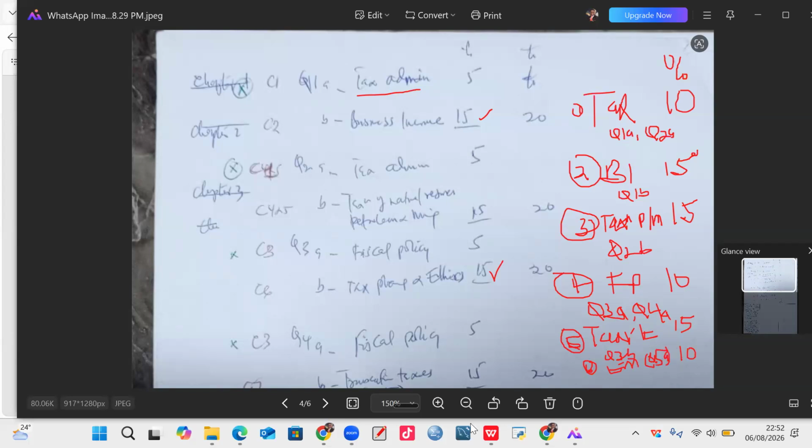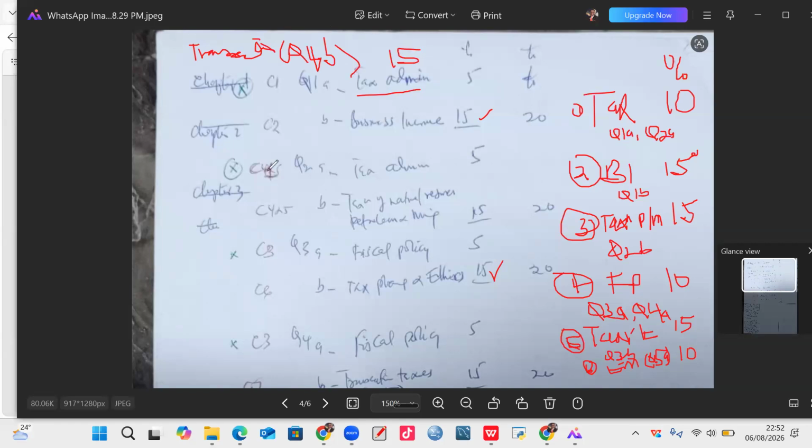Then at question 4B, transaction taxes. If the lecturer says this note is on transaction taxes, you should know that it is at question 4B. It also contains 15 marks.